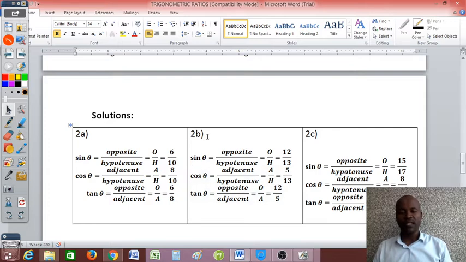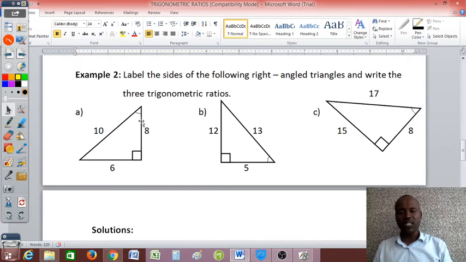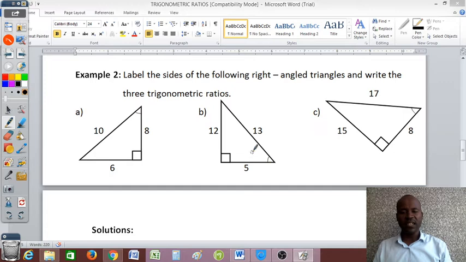Okay, now let's see B. Sine theta. The same, sine theta means opposite divided by hypotenuse. But let's go back and see which side is opposite and which side is adjacent. As you can see here, the given angle is here.